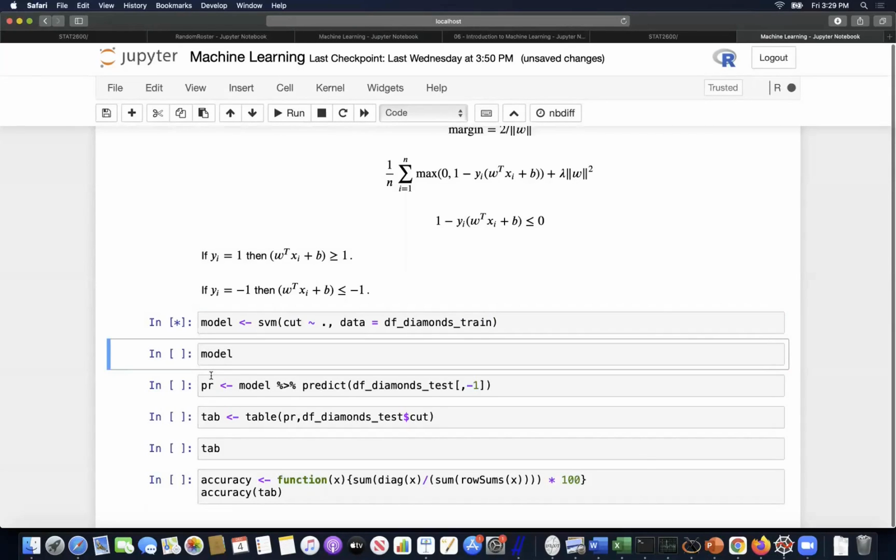It's taking longer because one issue that support vector machines have is that their computational cost is the size of your data cubed. So the bigger the size of your data, the longer your algorithm is going to take to converge, because you're going to have to invert some matrices that have the size of your data.